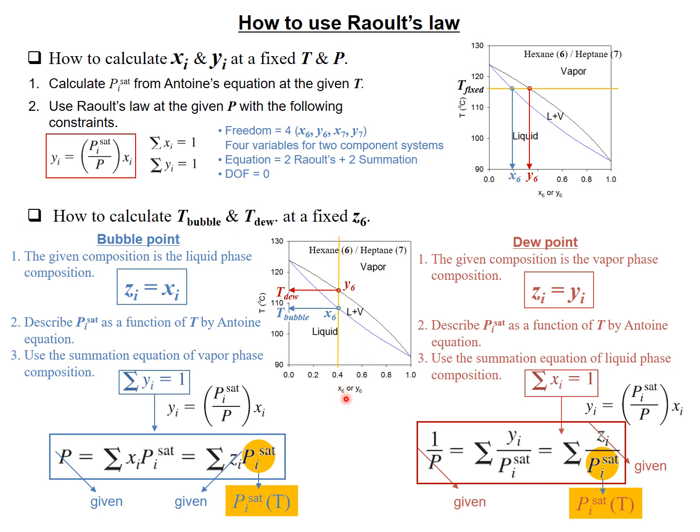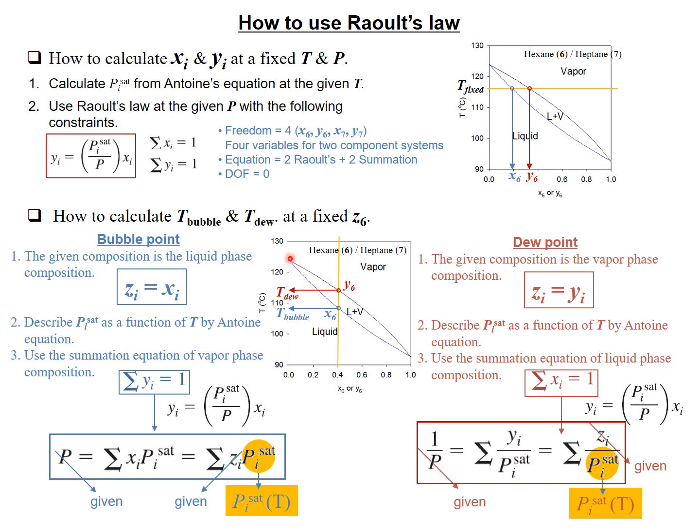At a fixed composition of hexane or heptane, anything is okay. Let me say 0.4 heptane. We could find 2 points on the curve for the bubble point and dew point lines. The blue one is the bubble point, of course, and the black one is the dew point.